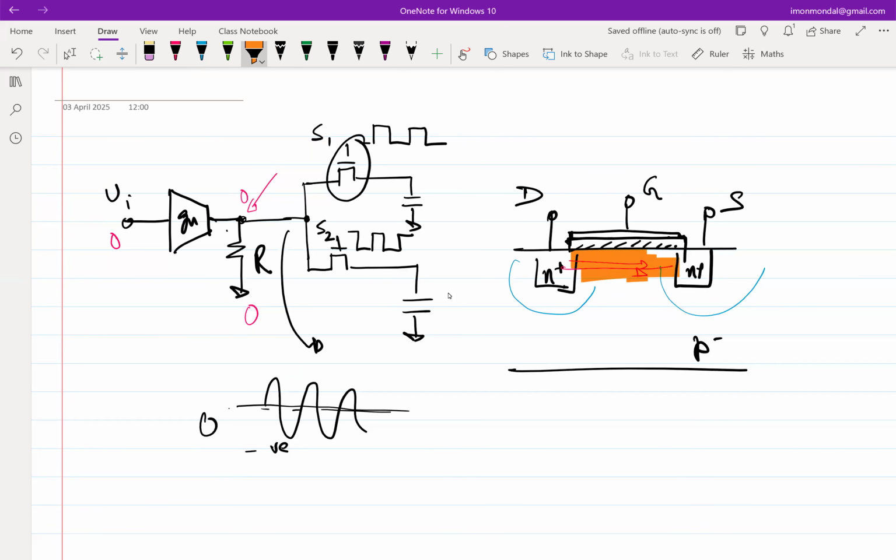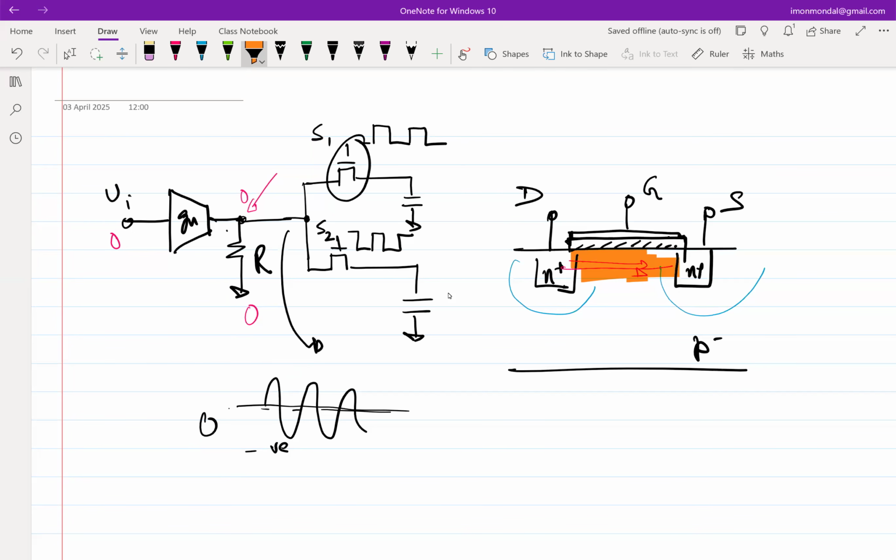So this is essentially a majority carrier device. You have N in the drain side, electrons in the source side, and electrons in the channel. It's a majority carrier device, unlike a BJT. Which essentially means that there is no PN junction between the drain and the source and the channel when inversion has taken place, right?